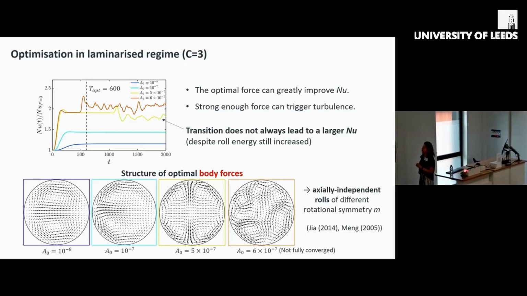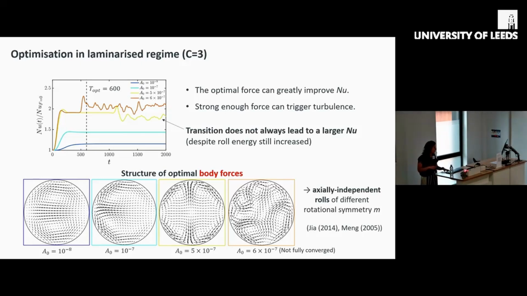And this is quite surprising because the roll energy increases in this case as well. The energy of the rolls is normally associated with the enhancement of mixing and so better heat transfer. So in this case it still increases a little bit, but it's not leading to an improvement of heat transfer.